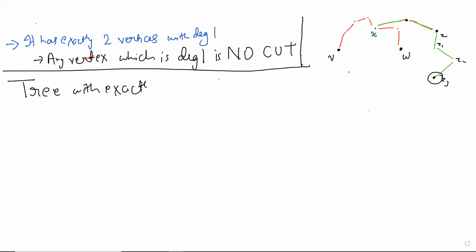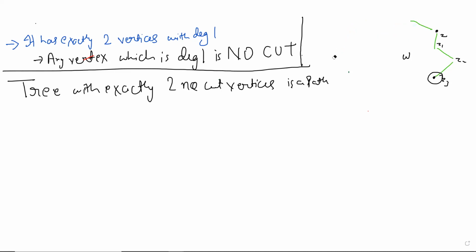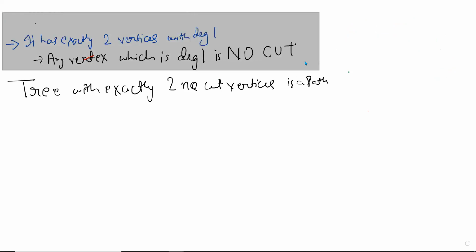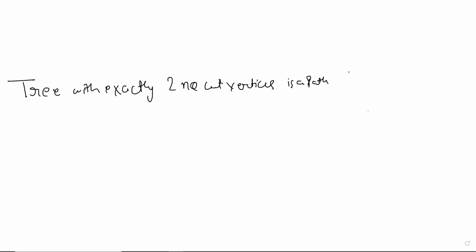Initially we were asking this for connected graphs, but then we are asking for this for trees. Tree with exactly two no-cut vertices is a path. Let's also remove this picture, and let's also remove this. Intuitively, this is clear. Intuitively, we understand this, but we want to prove this.